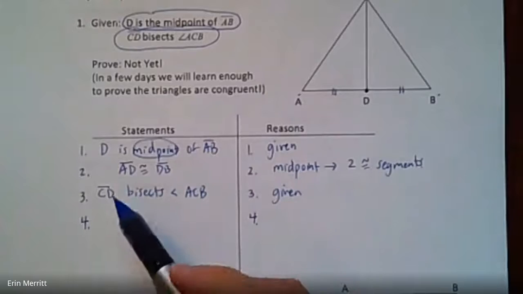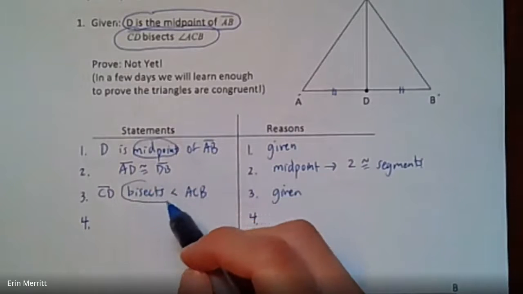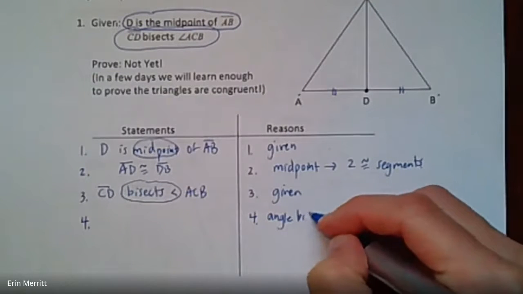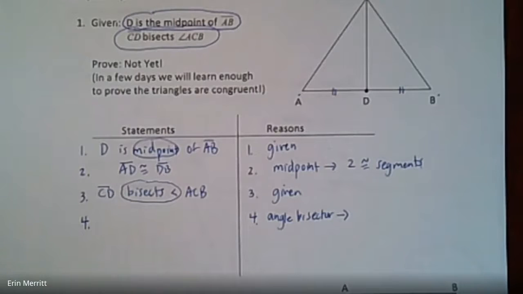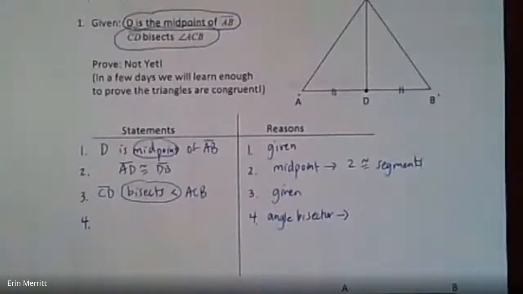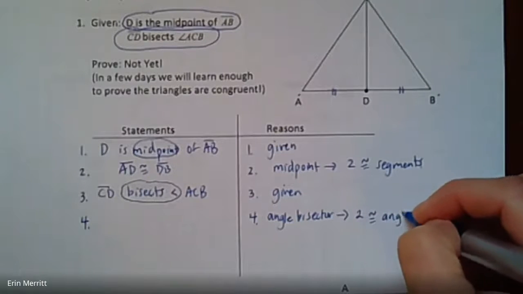Well, they're giving me that CD bisects angle ACB. So if you bisect an angle, that means you're given an angle bisector, which was way back at the beginning there. And an angle bisector is going to give us 2 congruent angles. So 2 congruent angles is what would go here.